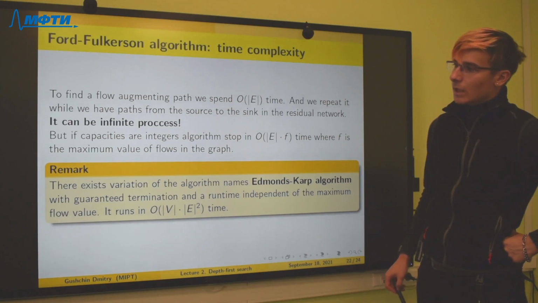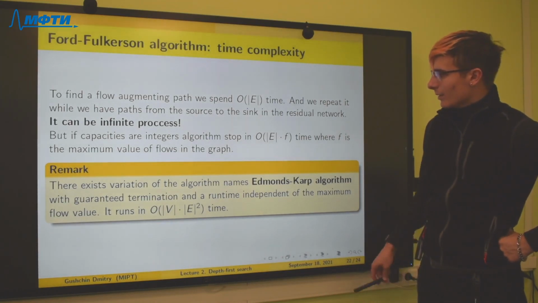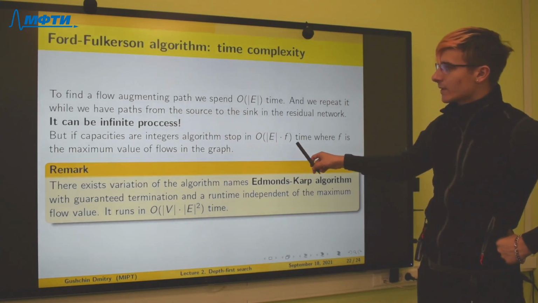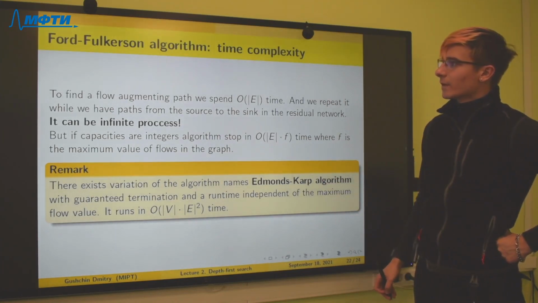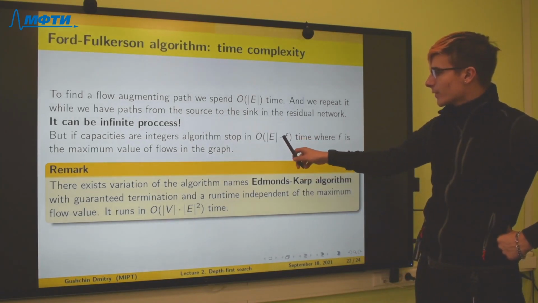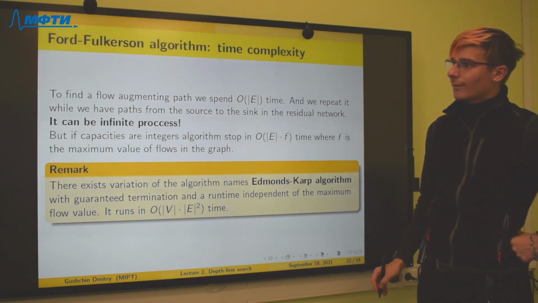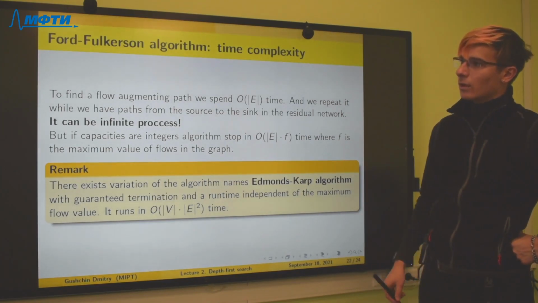But we can draw an example when the time complexity of this algorithm is equal to the number of edges multiplied by the maximal of the capacities of the edges.